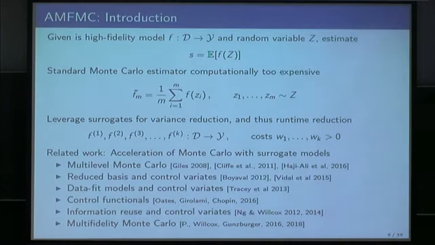Okay, so let's be a bit more concrete about what we are interested in here. I say we are given this high-fidelity model. I simply denote it as a function f that maps inputs onto outputs, and we are given a random variable c in a suitable probability space, and then we're interested in the expected value of this high-fidelity model output under this random variable c. So this s is the quantity we want to estimate.